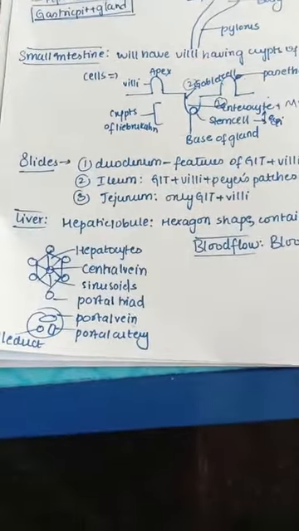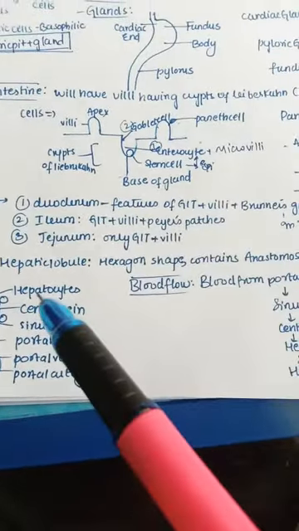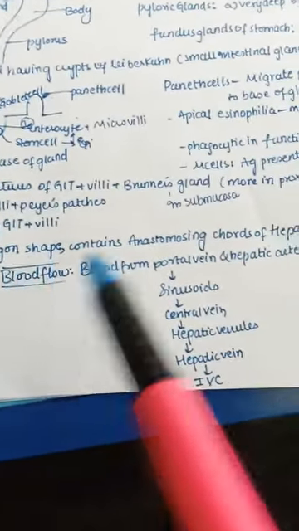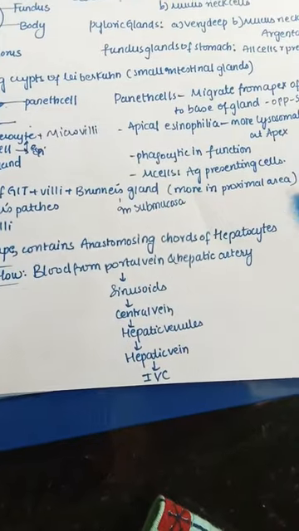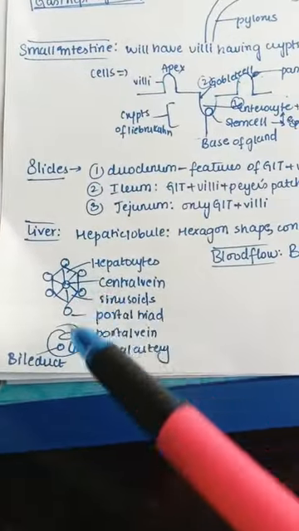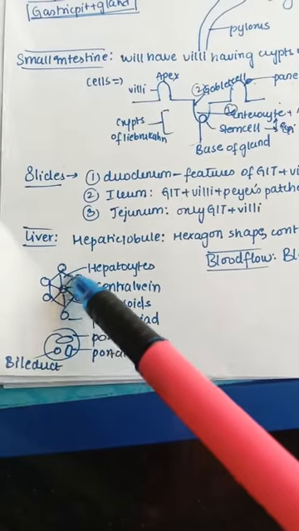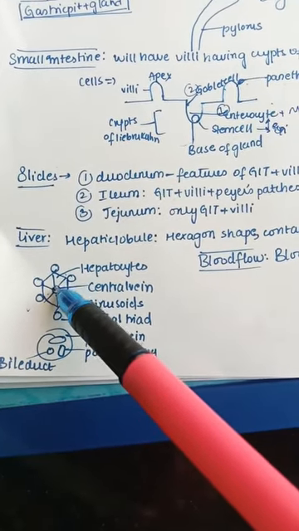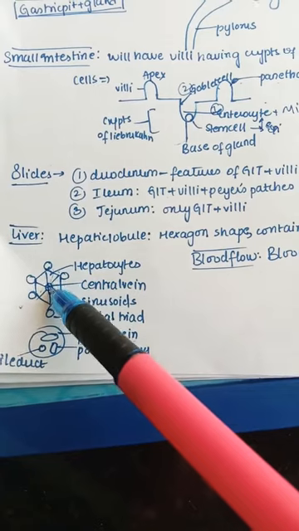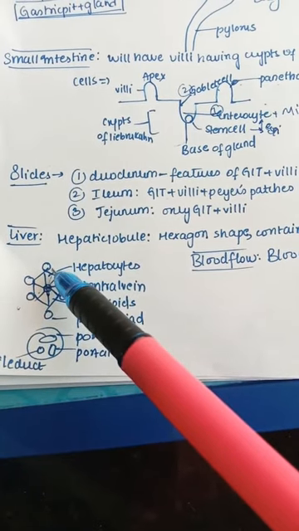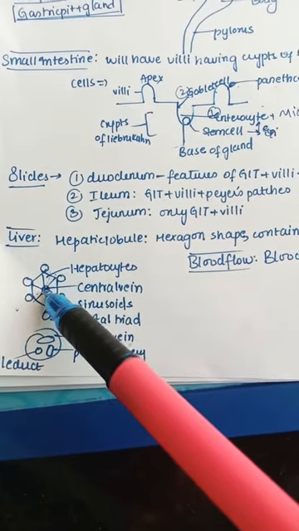So next let us see the important points in the liver. The hepatic lobule is hexagonal in shape and contains anastomotic cords of hepatocytes. These are the hepatocytes, and there are sinusoids in between, and the blood from the hepatic artery and portal vein reaches the central vein.